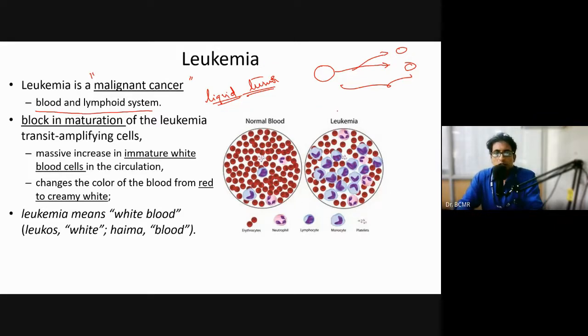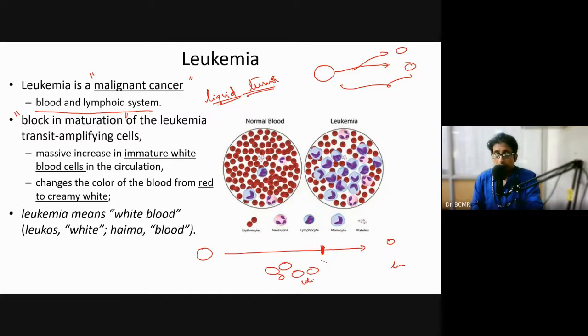So this is one of the problems, because there is a block of maturation. The hematopoietic stem cell should give rise to ultimately blood cells and lymph cells. Somewhere during that process, the differentiation is incomplete, that maturation is not happening. And then we end up with so many immature white blood cells.